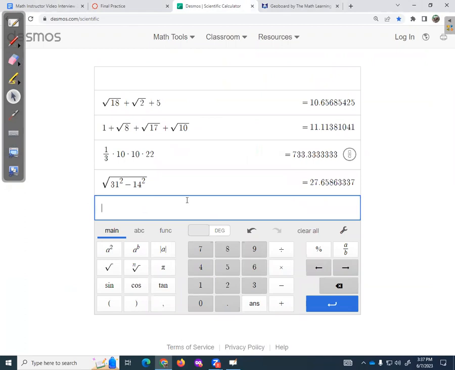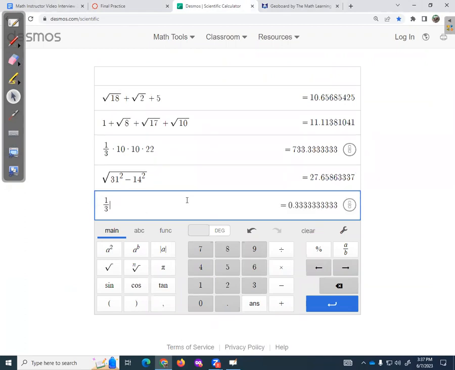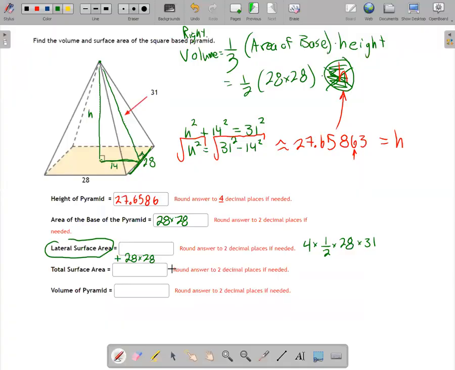Once I have that, I can find the volume: 1/3 times the base of 28 times 28 times that previous answer. So I get a volume of 7,228.12, and that's going to be cubic units.